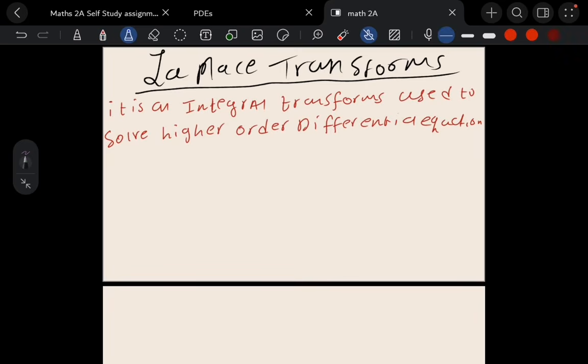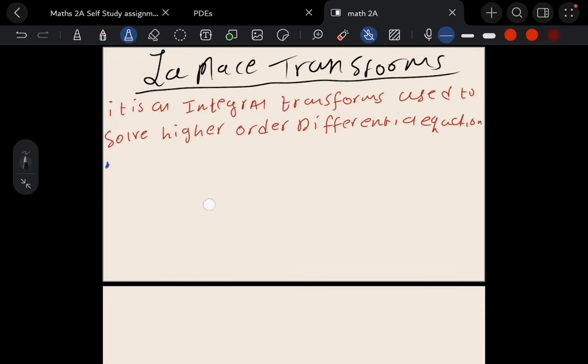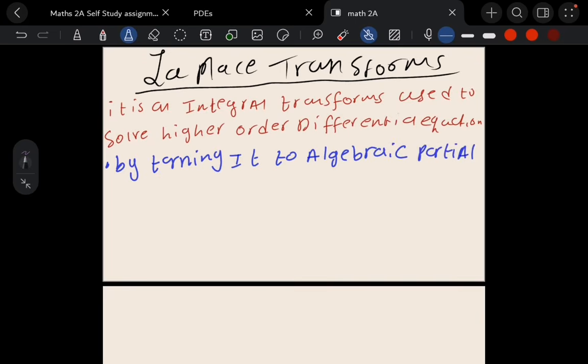How do they solve this differential equation? By turning it to algebraic partial fractions.